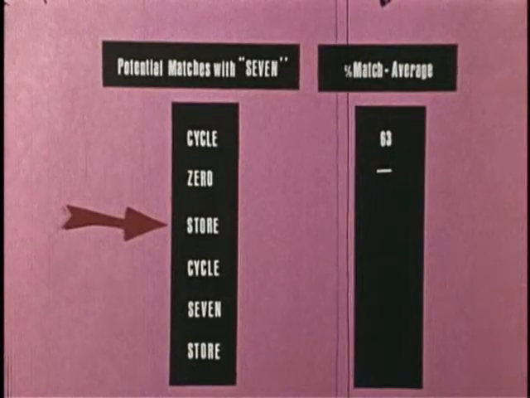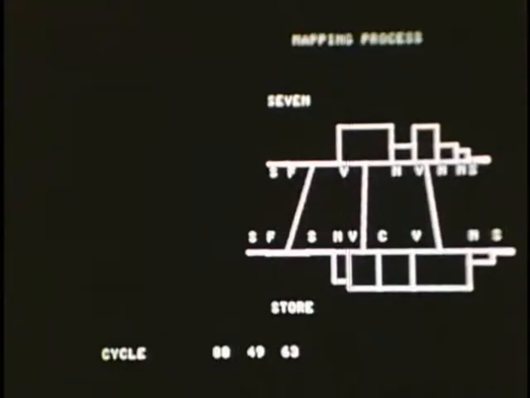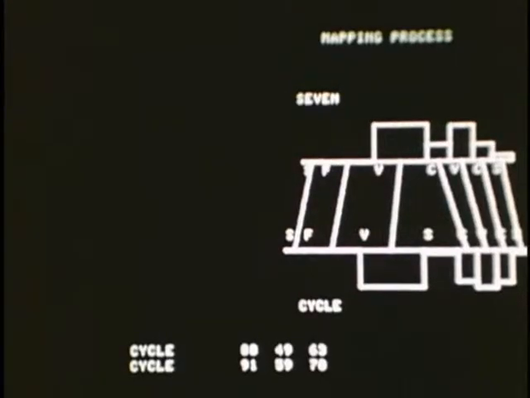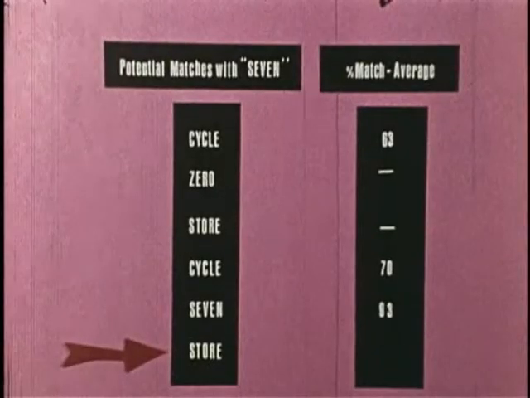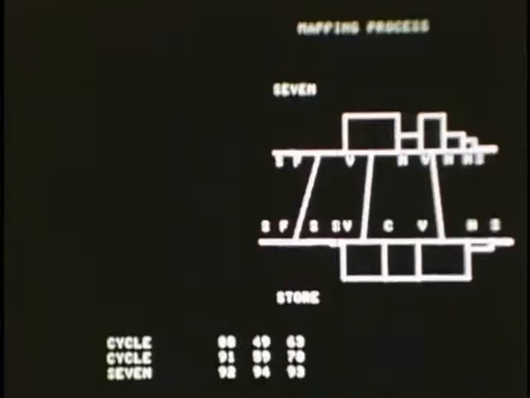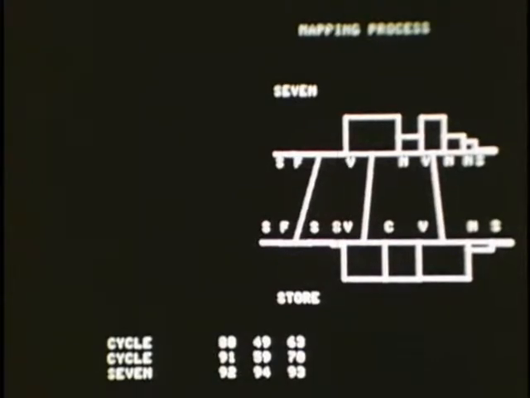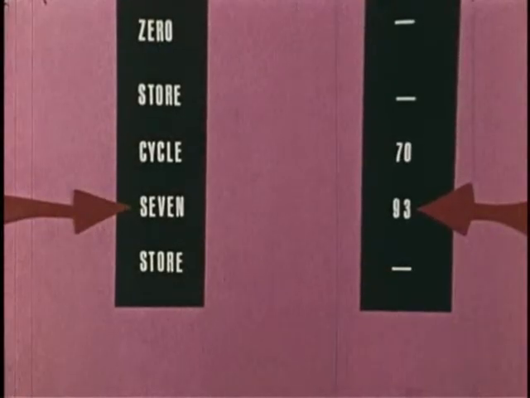The candidate "store" is also rejected. A slightly different acoustic description of "cycle" yields a score of 70%. The next candidate receives a score of 93%. Another description of "store" is also rejected. On the basis of these scores, that candidate is selected.